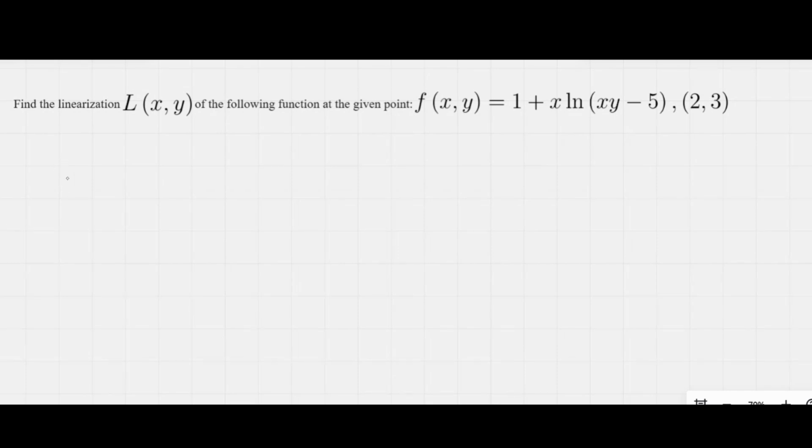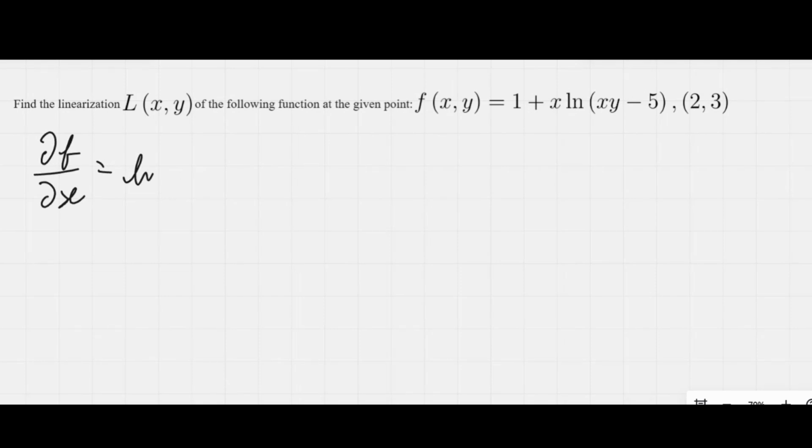Well, the partial derivative of f with respect to x is going to be, in order to calculate that, we have to use the product rule, clearly, using this term, because the 1 just amounts to 0, essentially. So the derivative of x is simply 1.